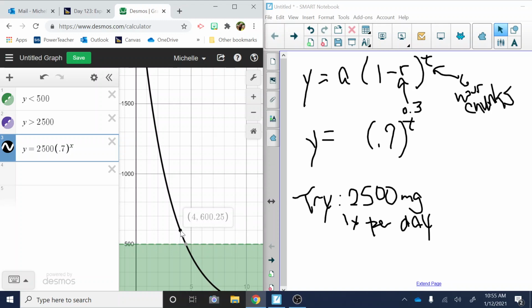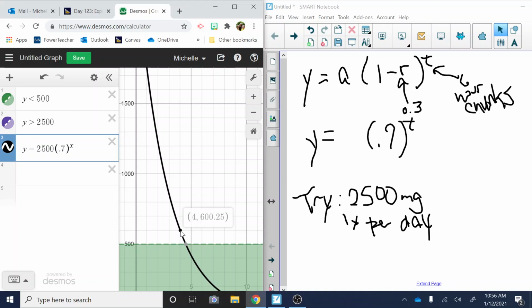These were 6-hour increments, with a 30% decay rate every 6 hours. So 4 time frames later would be 24 hours. So 24 hours after taking the 2,500 milligrams, I still have 600.25 milligrams of this in my bloodstream.